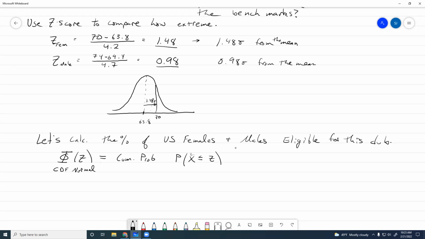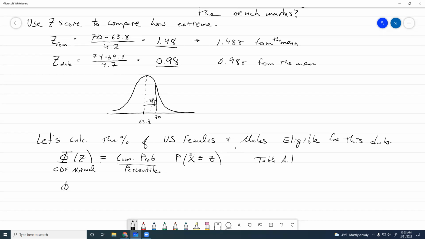So cumulative probability, otherwise known as percentile. So we're going to plug those z values in, and then we can use our table, or we can use R to calculate this.